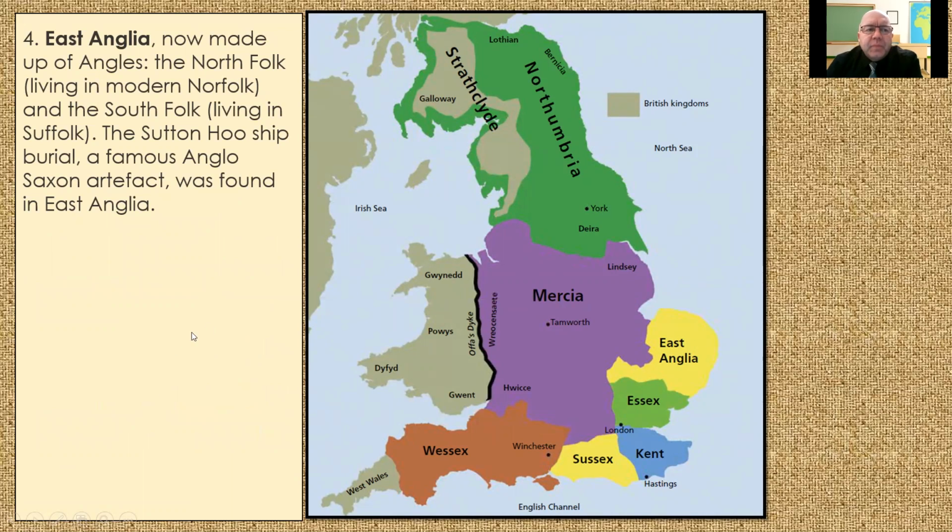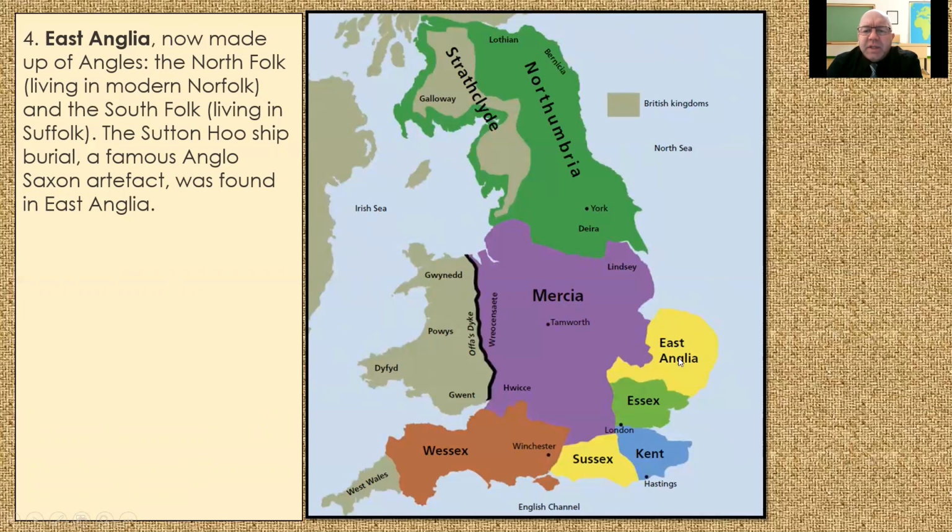East Anglia. Now, for these next few, you'll start to see where the names came from. So East Anglia, now made up of Angles, because although the Saxons landed in East Anglia, they gradually migrated south. So much of East Anglia, this yellow area, has now been taken over by the Angles, who drifted south.